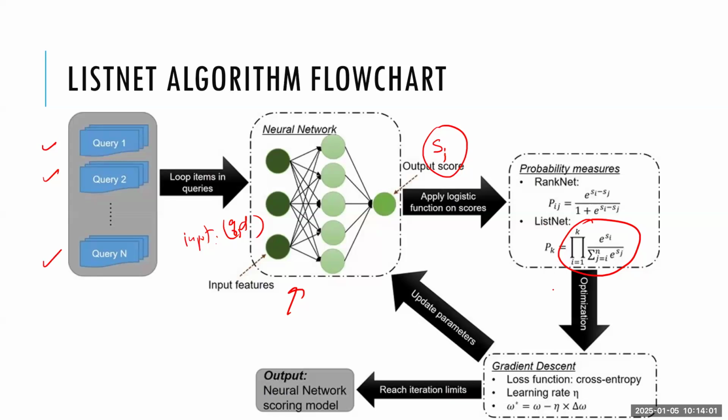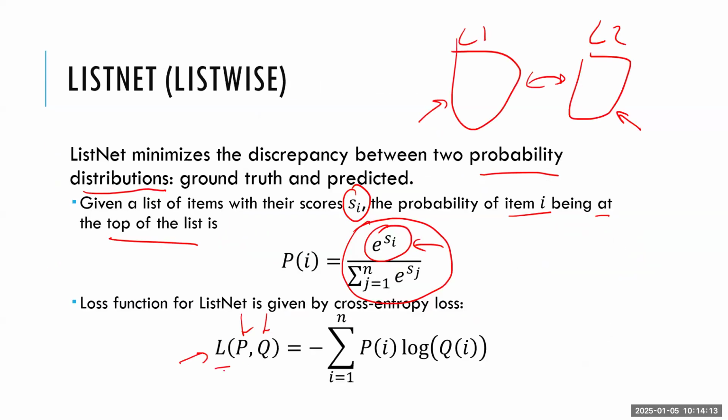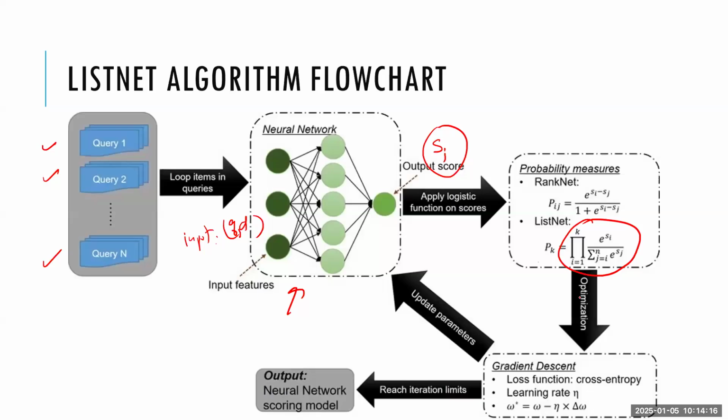Right, it calculates the probability measurement, and then it will do the gradient descent, right? Basically, this is the loss function, right? The loss function is this. So basically, it calculates P for each document for the prediction, using Si for the prediction, and calculates Q for Si from the ground truth.